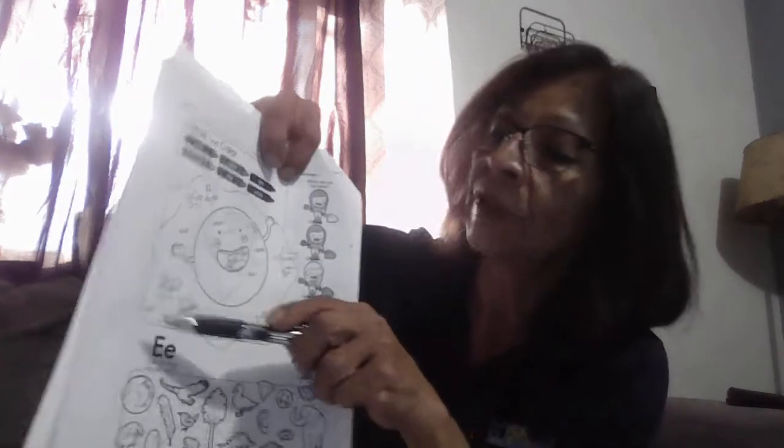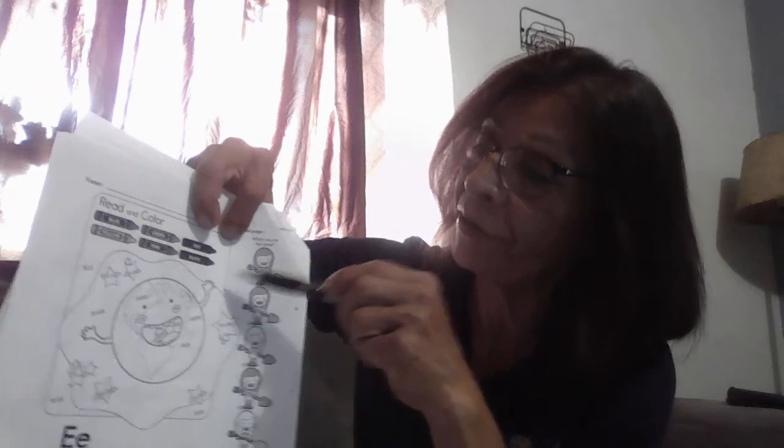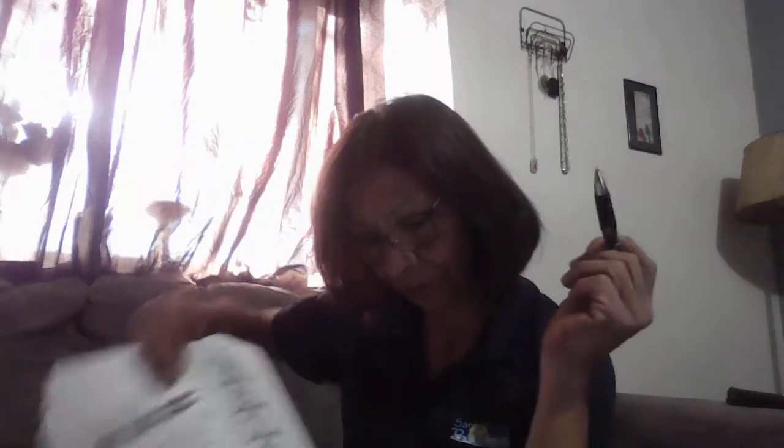So we would color it blue. Right down here and all around here. Did you know that stars are made of hot gases like the sun? Stars provide light for us at night.